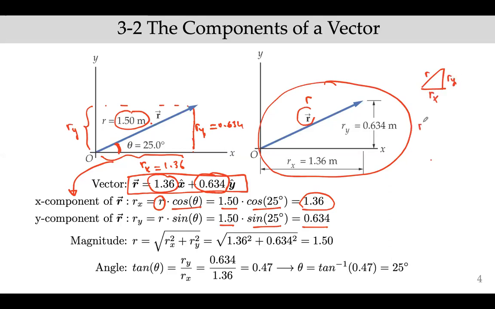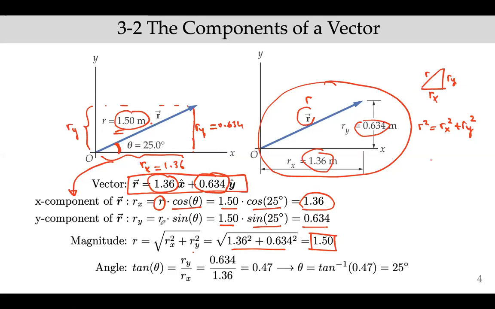So the Pythagorean theorem would be r squared equals r x squared plus r y squared. From here, you can easily find r will be the square root of r x squared plus r y squared. If you plug these numbers into the formula, you can find the magnitude of the vector, which is the same as here.